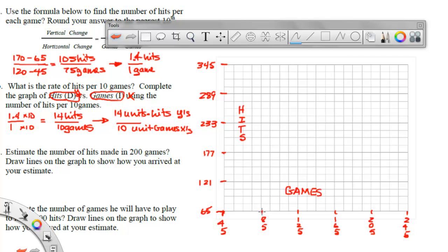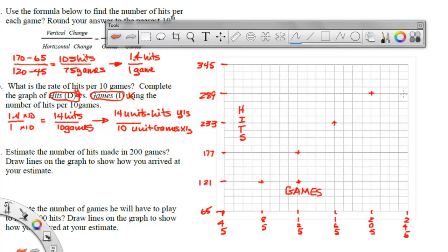If I go over 40, I also have to go up 56. So now this is how my graph should go. So 1, 2, 3, 4. Then 1, 2, 3, 4. Then up 1, 2, 3, 4. And so there's the diagonal that we know we're supposed to have. Some of you just go ahead and instinctively draw it, which is fine.